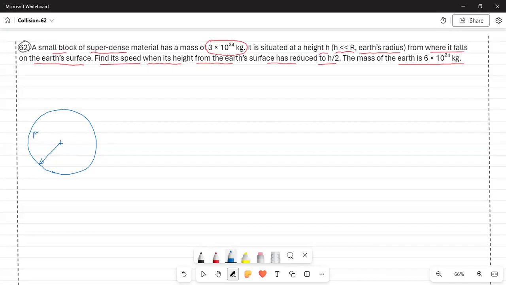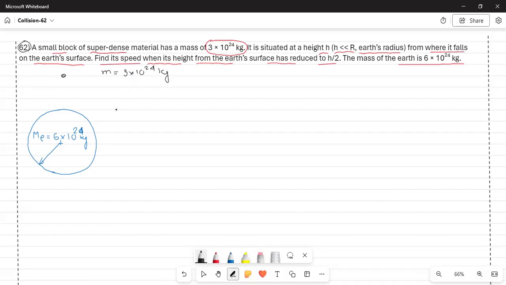So we write the mass of the Earth is equal to 6 into 10 to the power 24. At this time, the small block is also not very light. Its mass, if we write small m, is 3 into 10 to the power 24 kg.